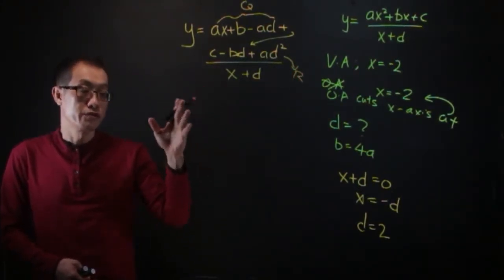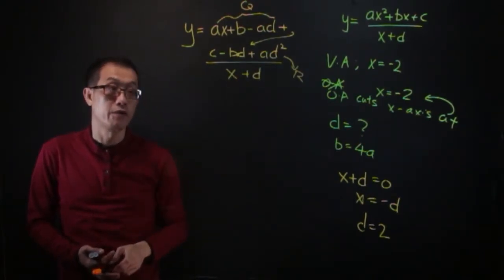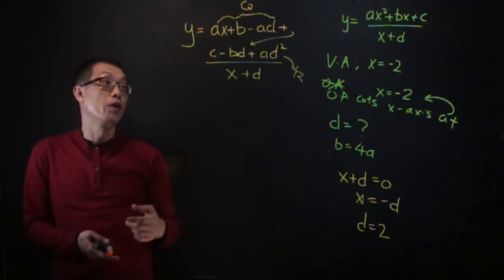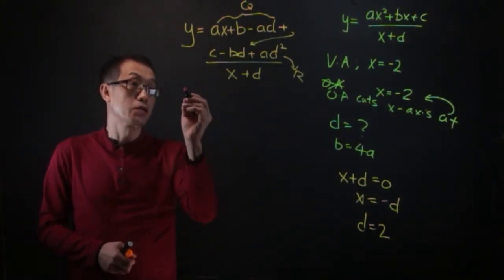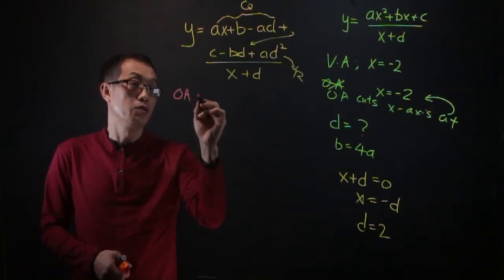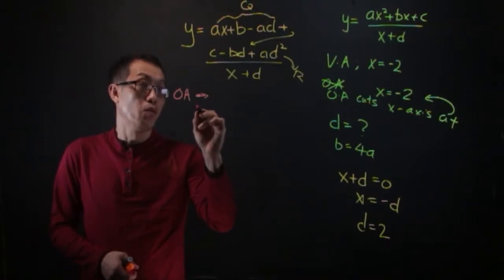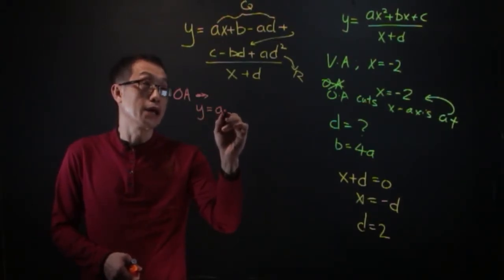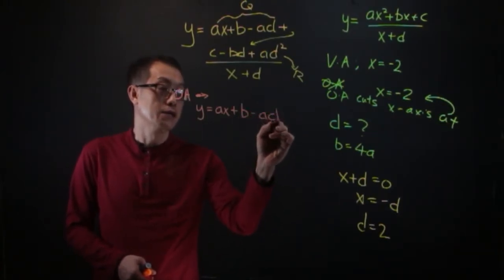I will not bore you with the long division working, as you have already learned it in Sec 4. If you have forgotten, please go and revise. So the oblique asymptote will be y equals ax plus b minus ad.